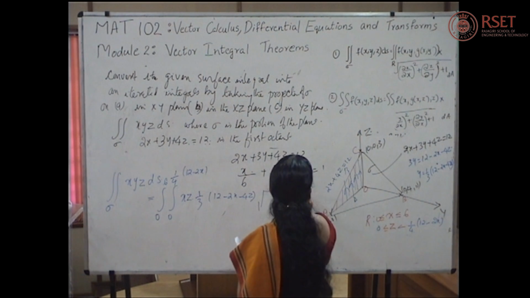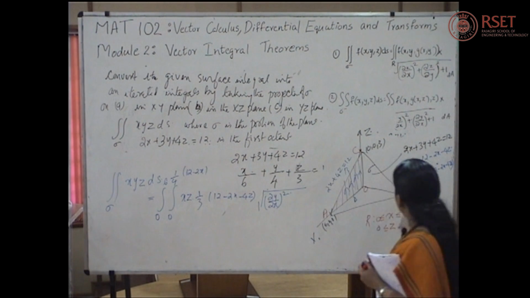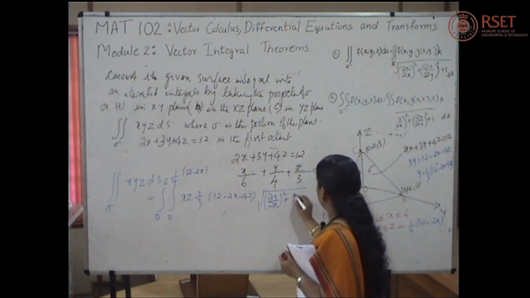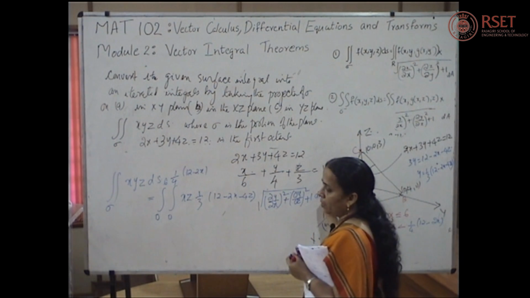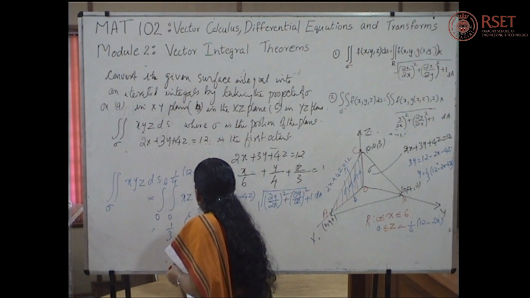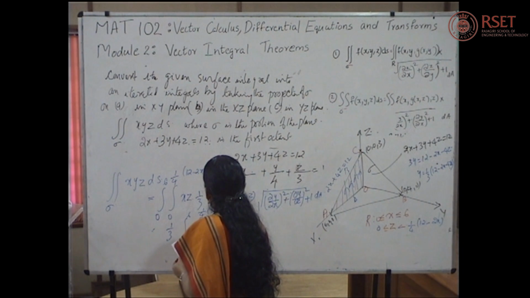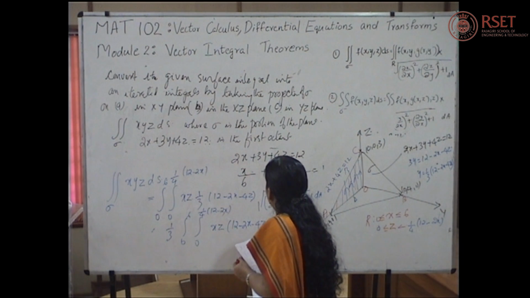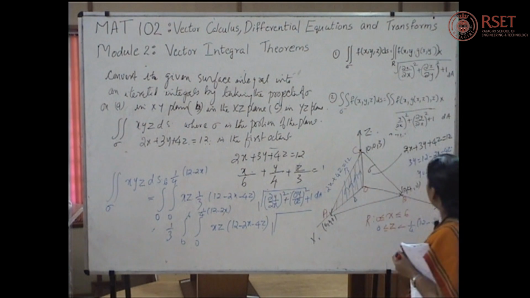square root of dou y by dou x whole square. Since y is expressed as a function of x and z, the formula is dou y by dou x whole square plus dou y by dou z whole square plus 1 dA. That is 1 by 3 double integral 0 to 6, 0 to 1 by 4, 12 minus 2x, into xz, 12 minus 2x minus 4z, into square root of dou y by dou x.